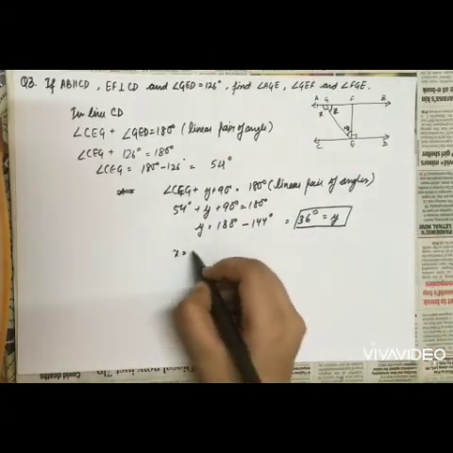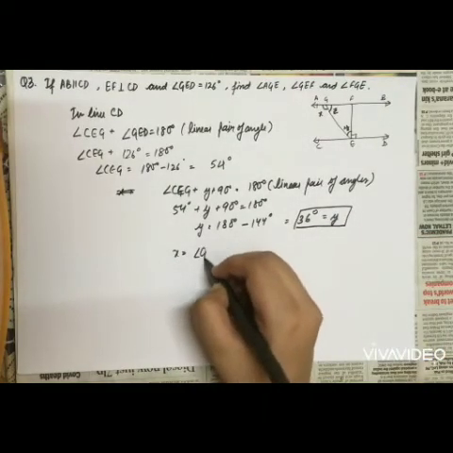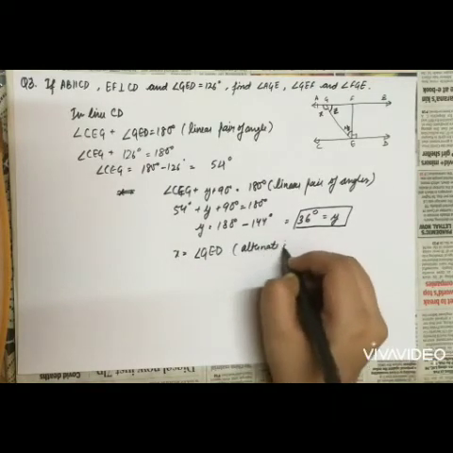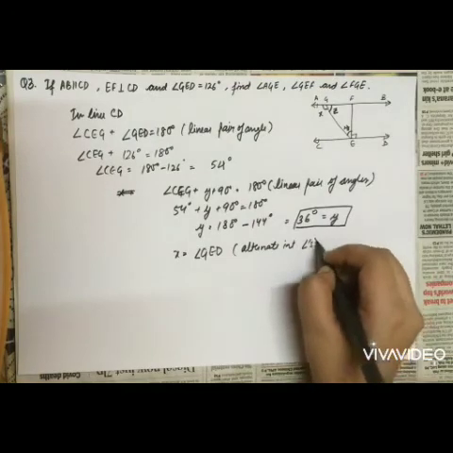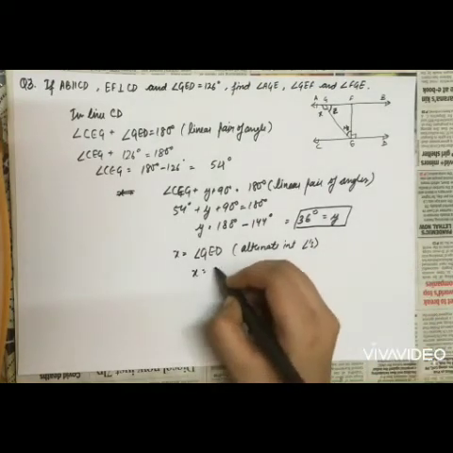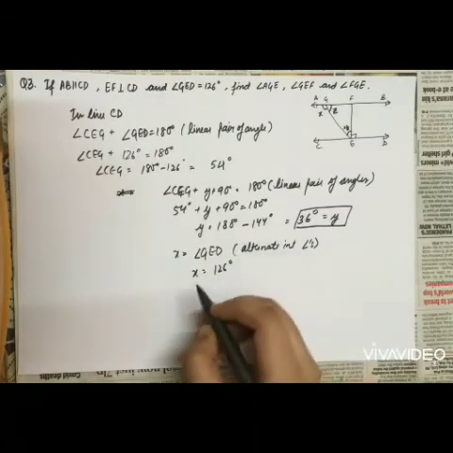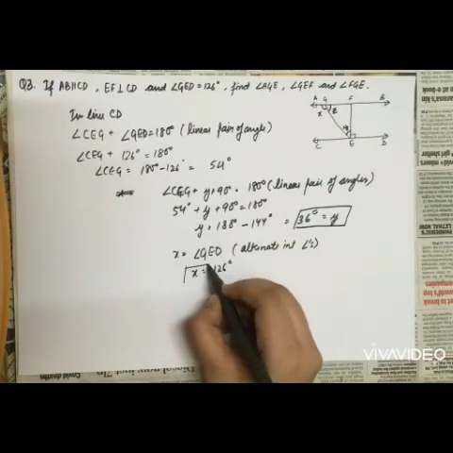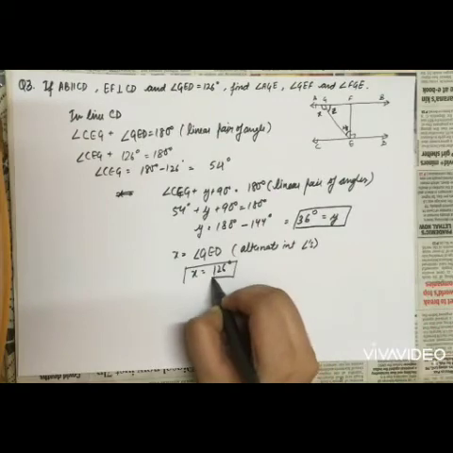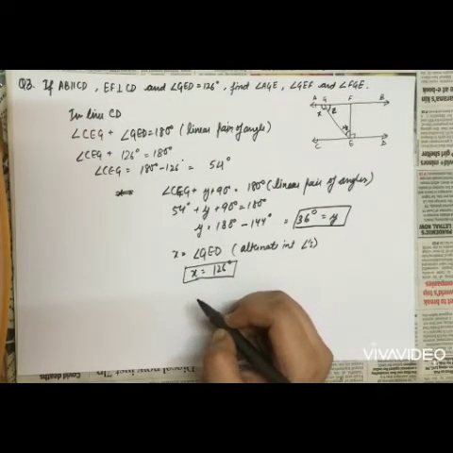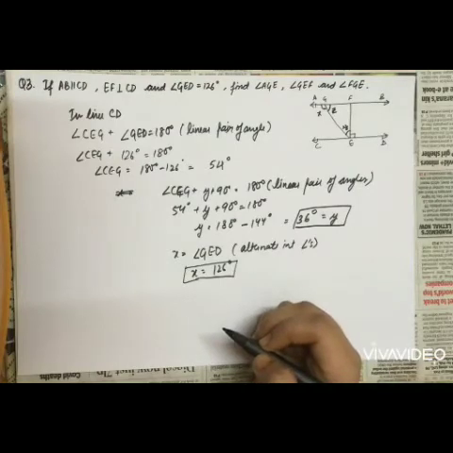Now x is equal to angle GED because of alternate interior angles. So x is equal to 126 degree. And now we have to find the value of z.